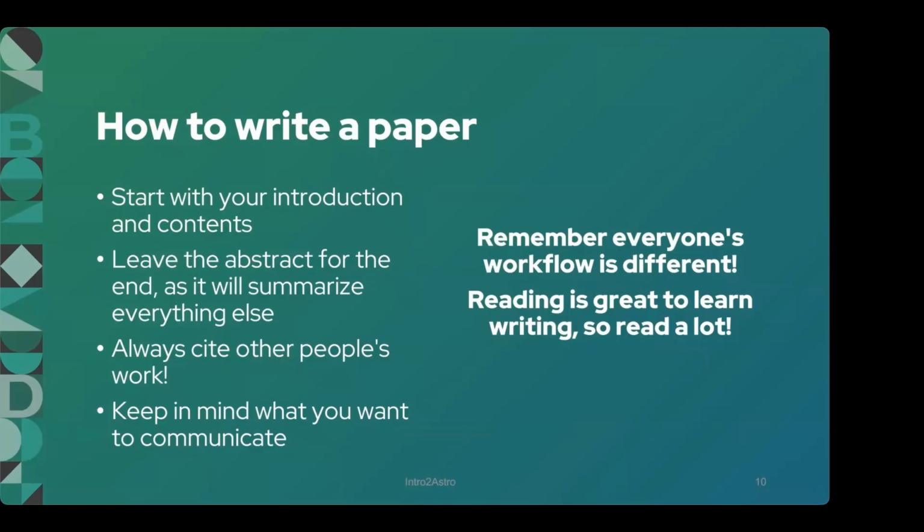And then leave the abstract. It might be the first part you read, but it should be the last part that you write, since it will summarize everything, including your results and your conclusion. So just do it last. Never forget to cite other people, and just keep in mind that you're writing your paper so that someone else can read it.